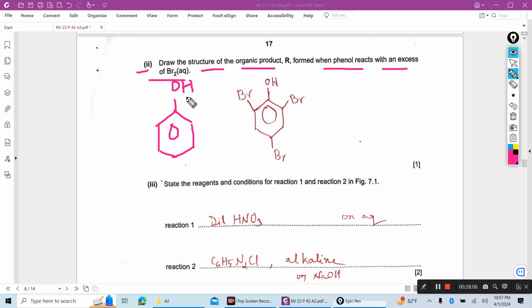When an electron donating group is attached to the benzene ring, the substituting atom is added to carbons 2, 4 and 6. Here this is 1, 2, 3, 4, 5, 6 carbon. So the name will be 2,4,6-tribromophenol. Phenol reacts with excess bromine to produce 2,4,6-tribromophenol.